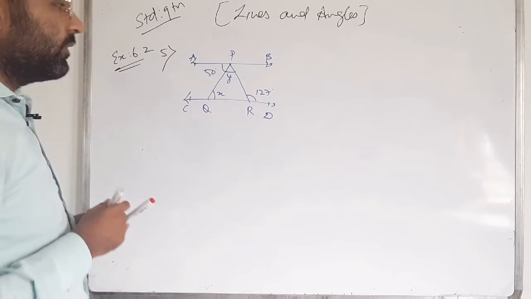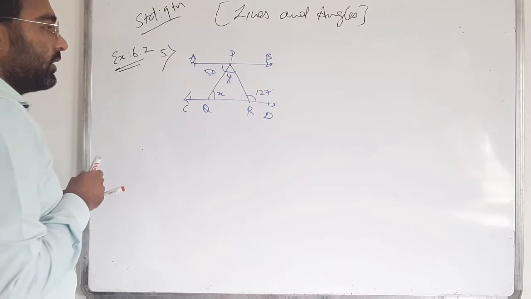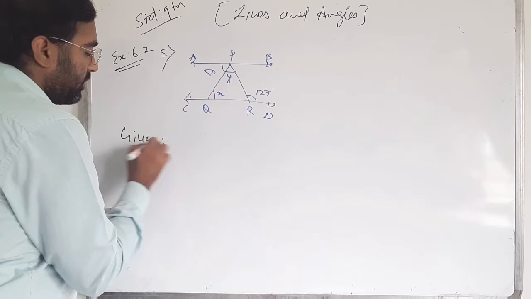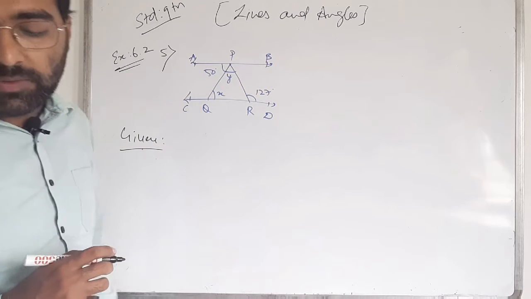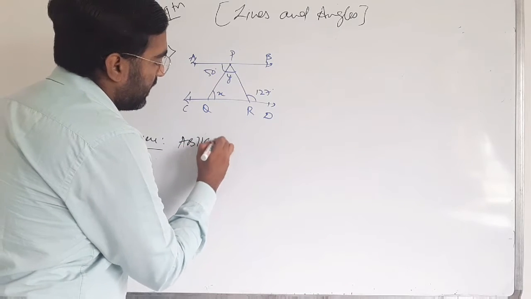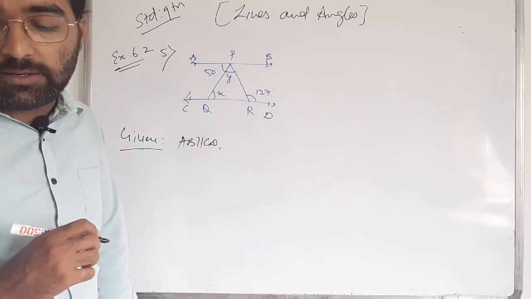Now we have to write from the given in the question. AB is parallel to CD, first thing given.